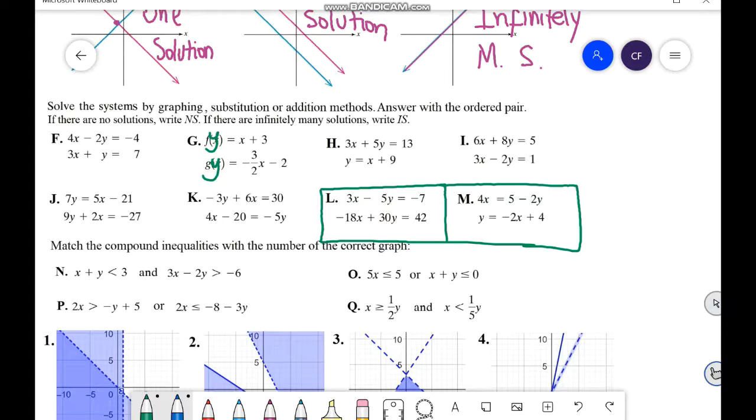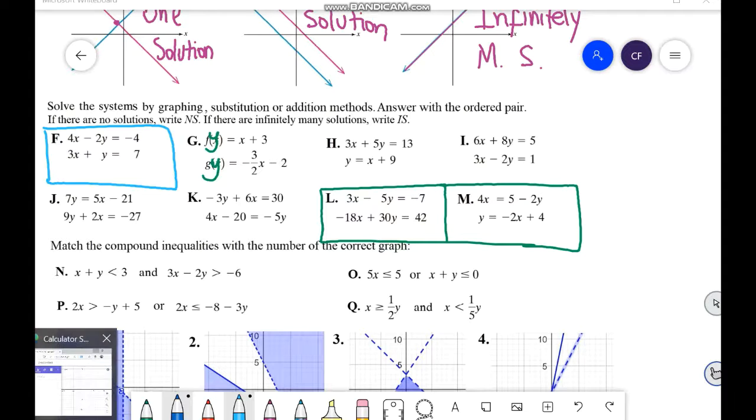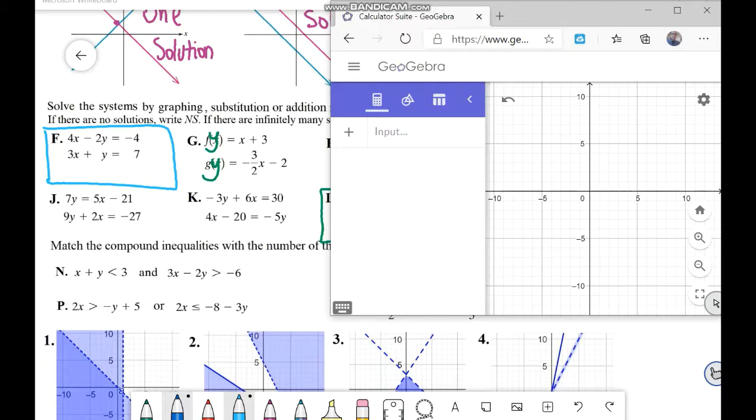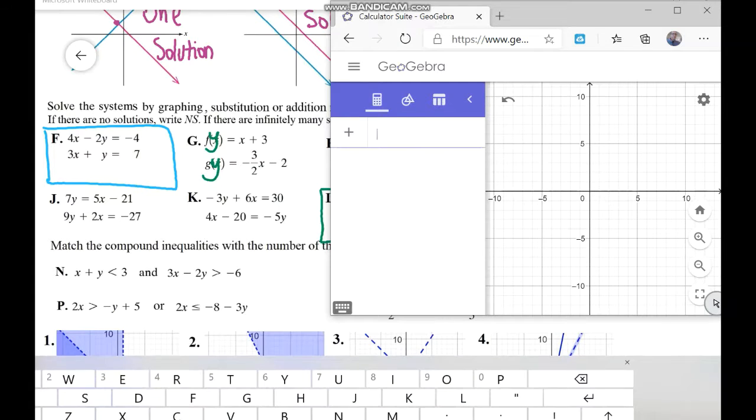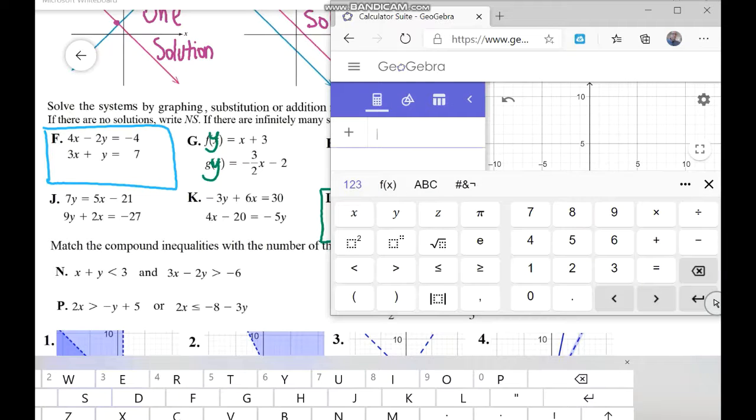Let's get one example here. Let's see letter F. You can solve using substitution, addition, but I will show the graphing calculator. You can use the graphing method. Type the first equation, x minus 2y equals -4.